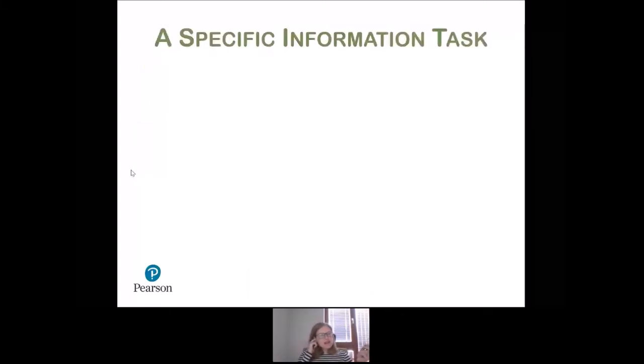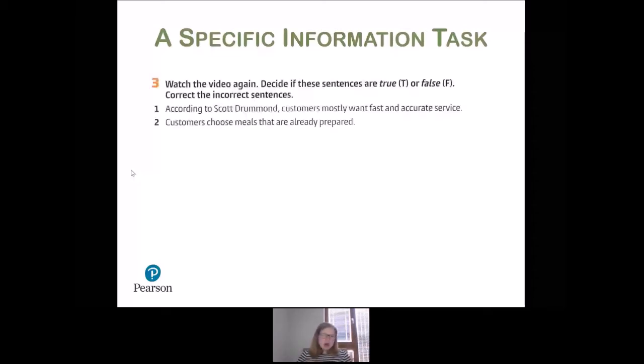So this was the gist task. Now we are going to have a look at a specific information task. So you would watch the video again and you would go into depth with your students. One of the ideas how you can do it is true false sentences.